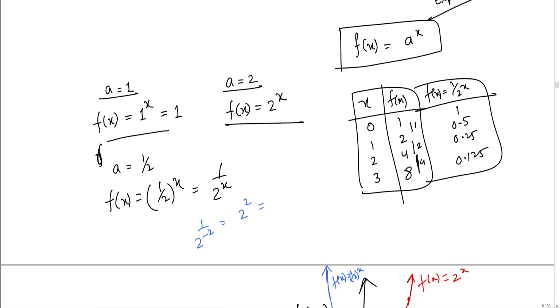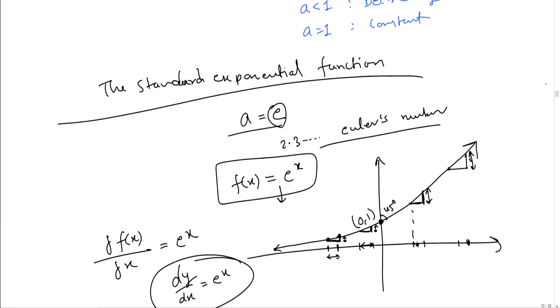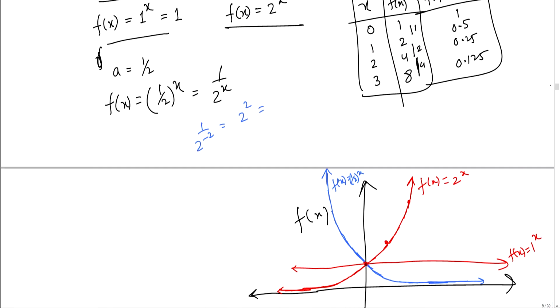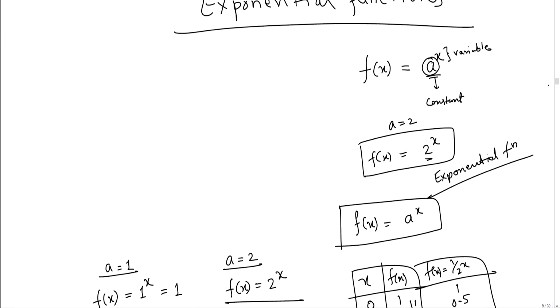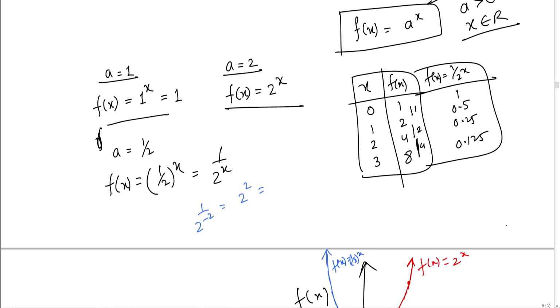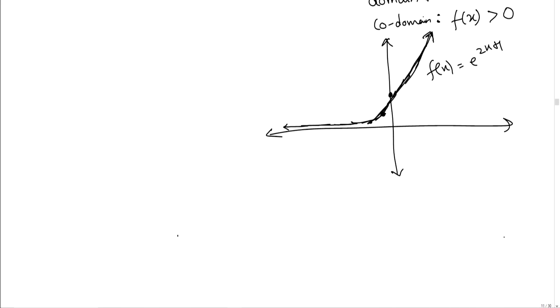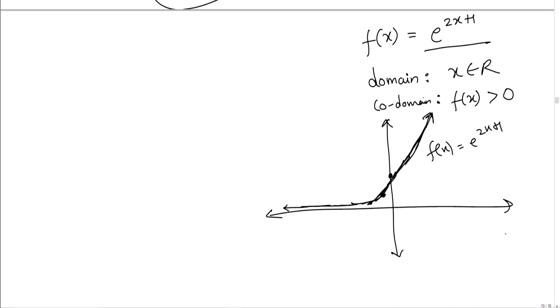So for an exponential function, this is the condition: the value of a should be greater than 0 and x could be any real number. This is how an exponential function behaves. All right, let us take one more example.